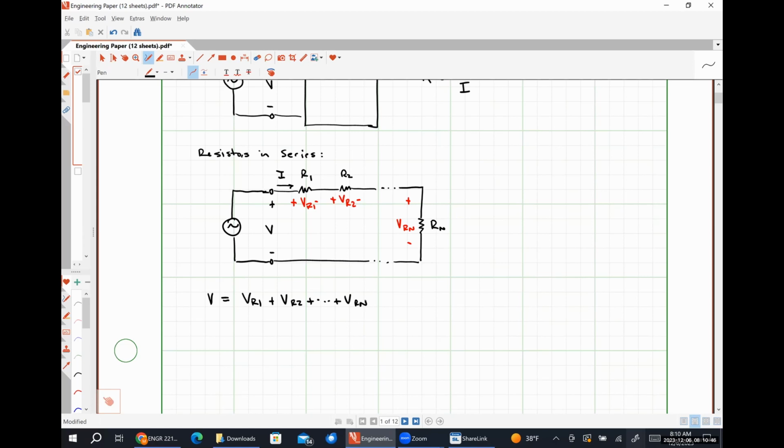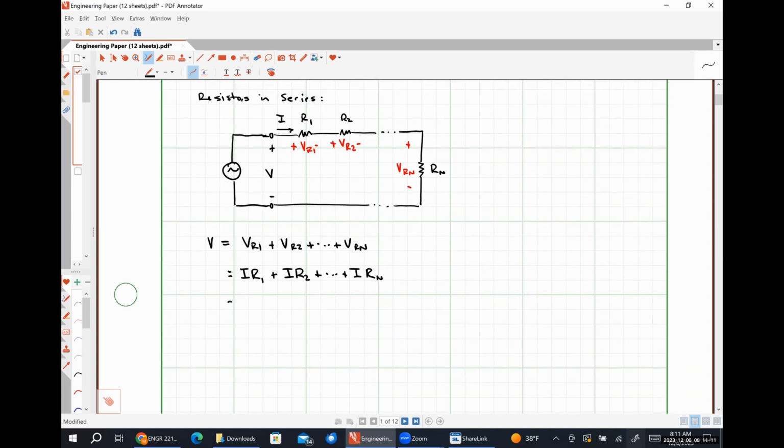Now I'm going to use Ohm's law to express all of these resistor voltage drops in terms of that current I that's just flowing around this single loop circuit. So that's going to look like I times R1 plus I times R2 all the way out to I times R sub N. And we can see that there is a common factor of I. So I can take that out, leaving me with I times (R1 plus R2 all the way out to R sub N).